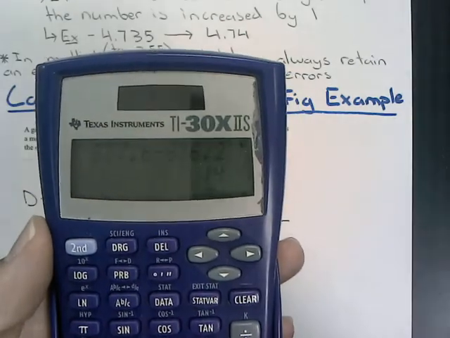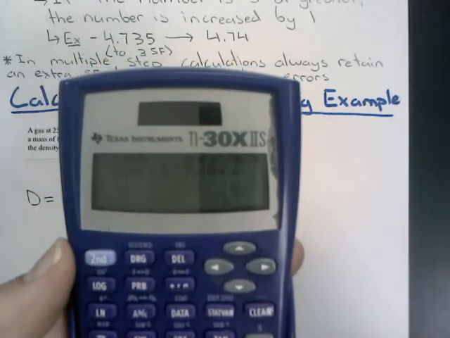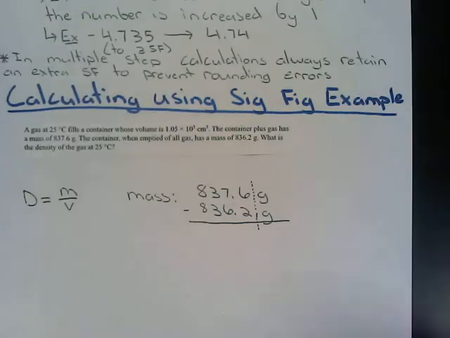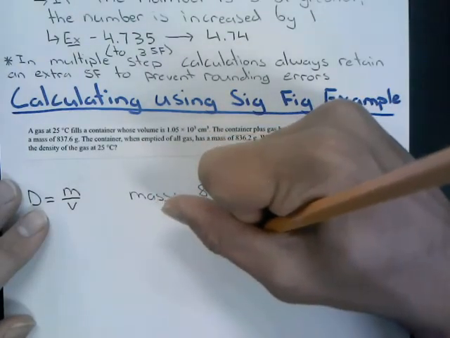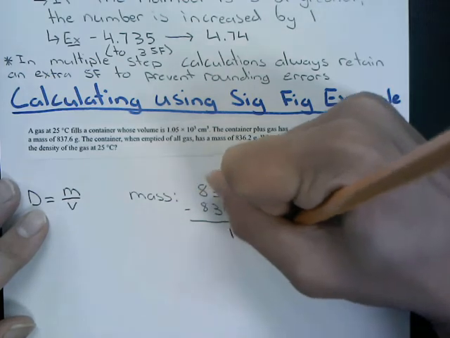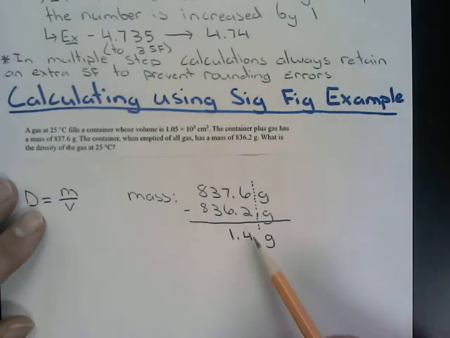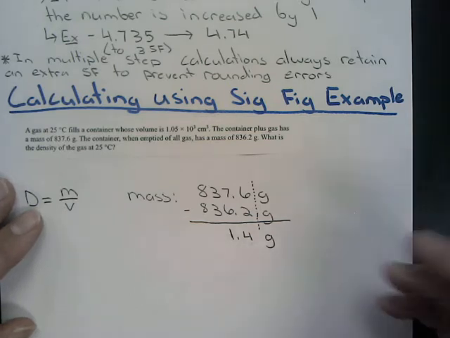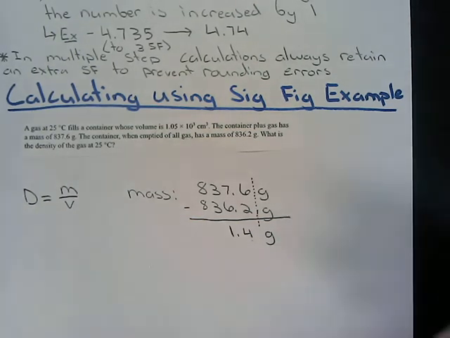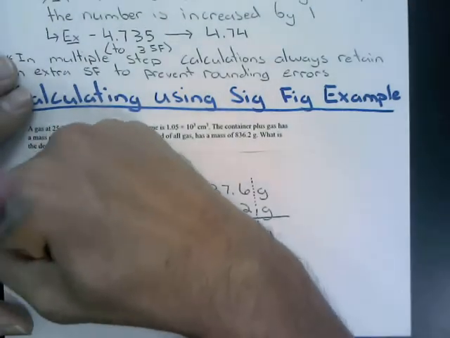And so when we do that, we get a value of 1.4. And so we say, okay, 1.4 grams, we need to have just one decimal, and that works out really nice because it's one decimal.